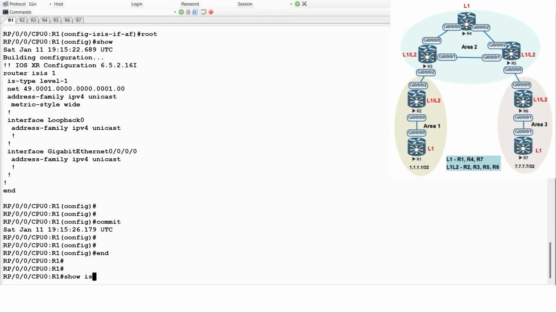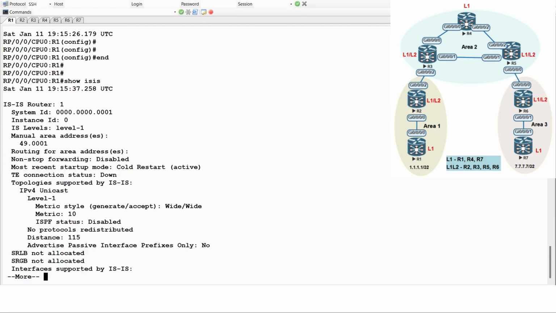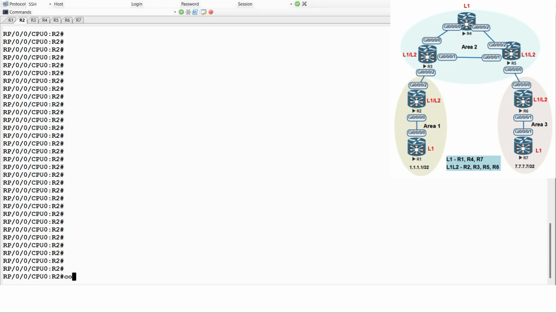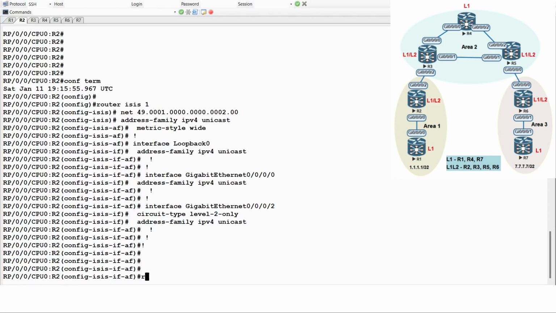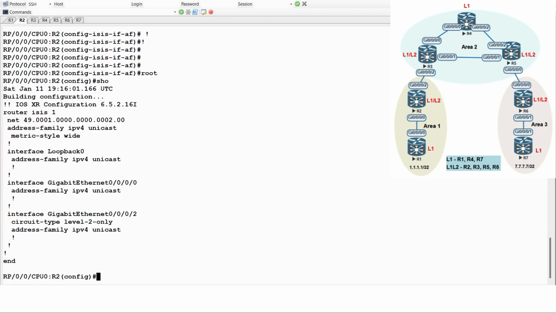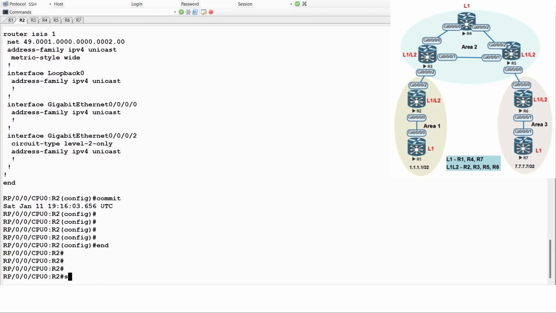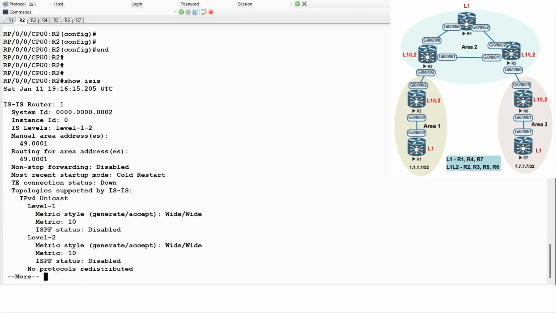Let's verify the ISIS configuration on router 1. Now let's go to router R2 and configure ISIS. Let's verify the ISIS configuration on router R2.